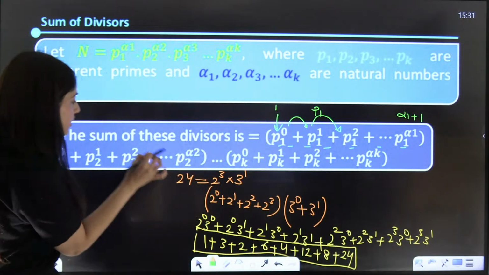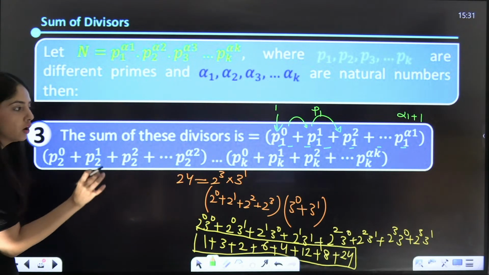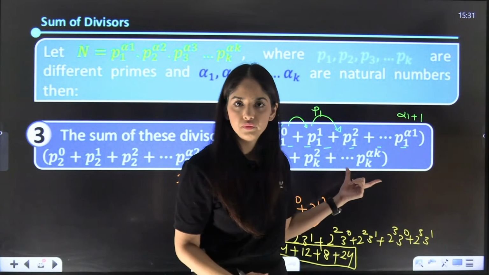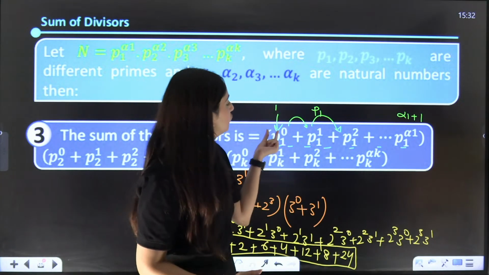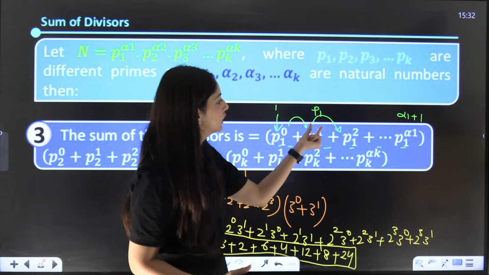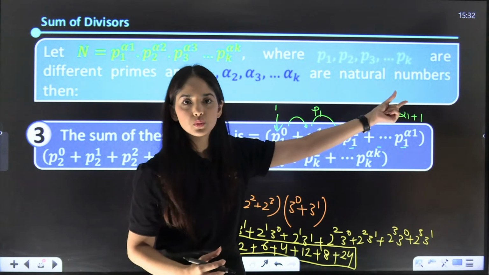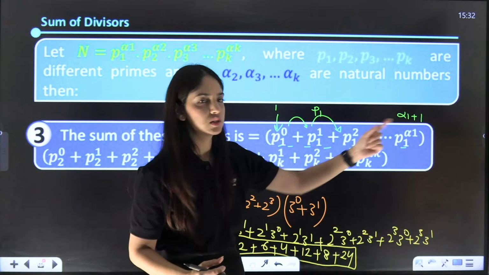Like that we can form a GP of every single bracket. For each of them, the first term will be 1, the common ratio will be that prime number, and the number of terms will be power plus 1.